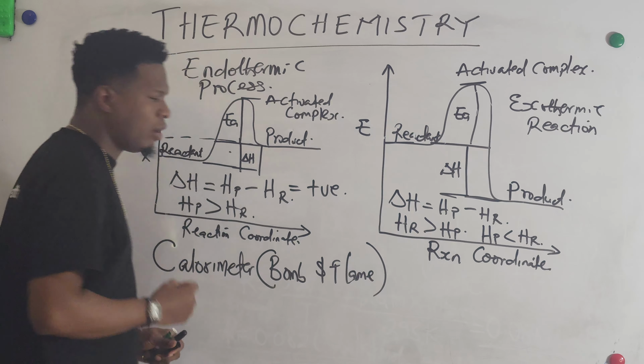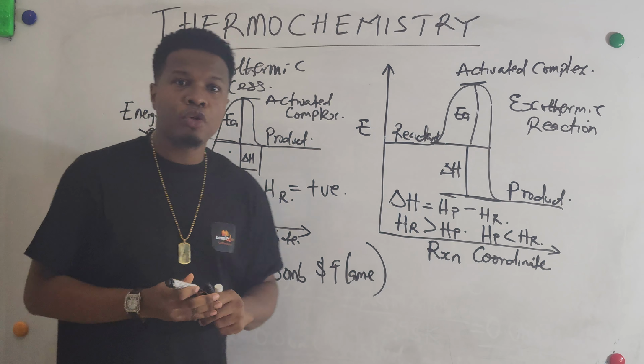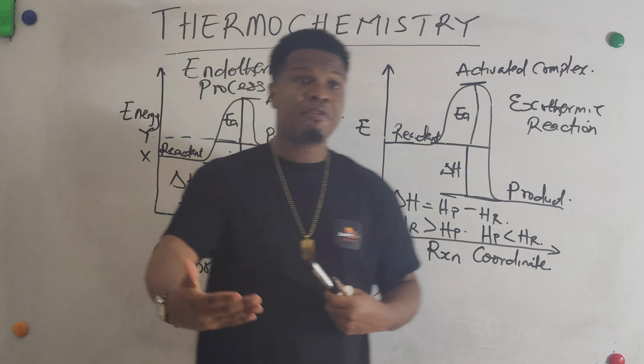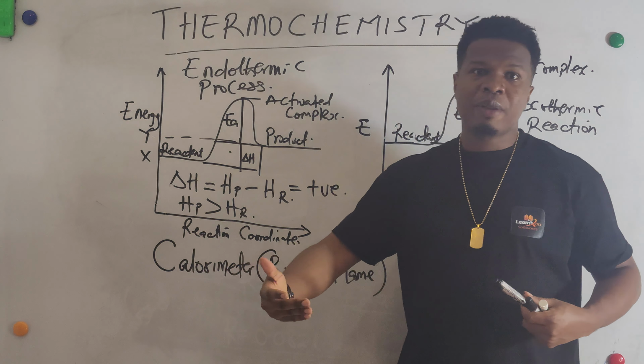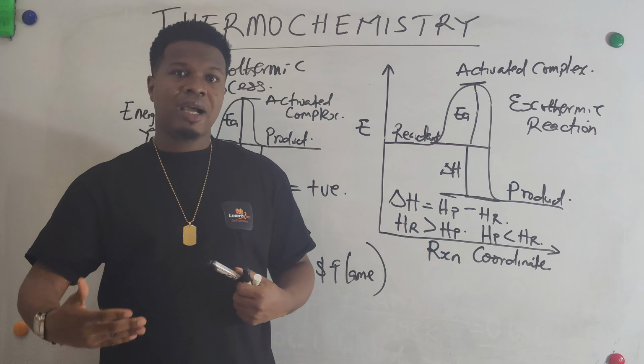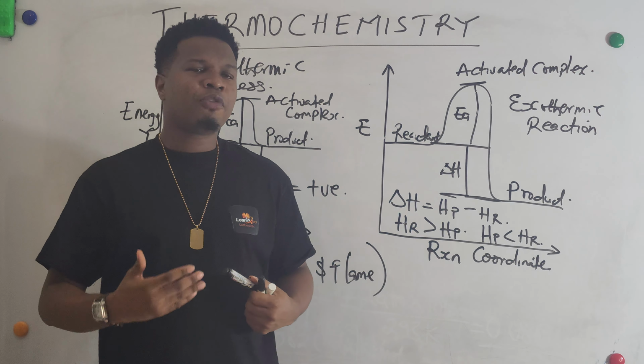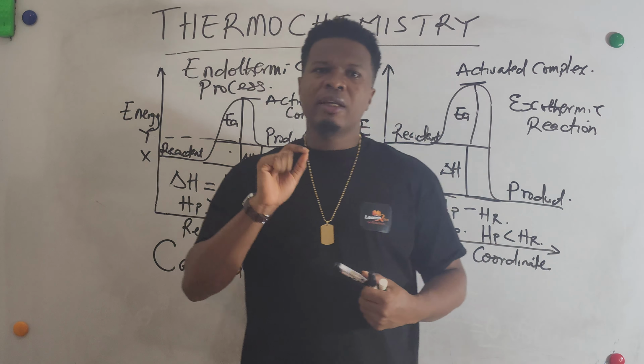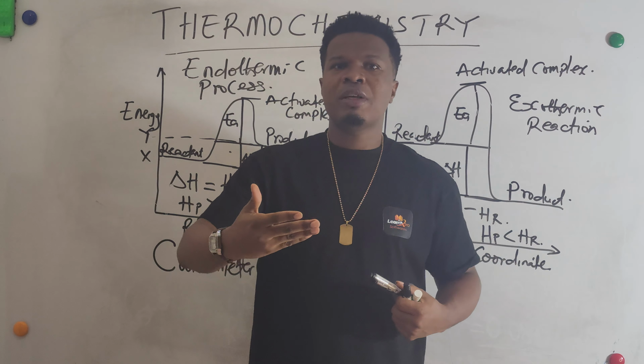These are the two calorimeters we use to measure heat changes at constant conditions. The bomb calorimeter measures heat changes at constant volume.